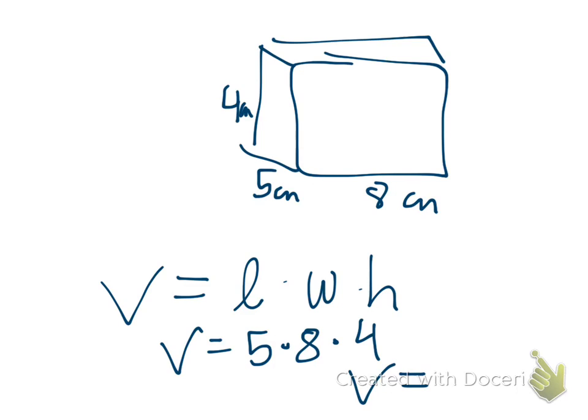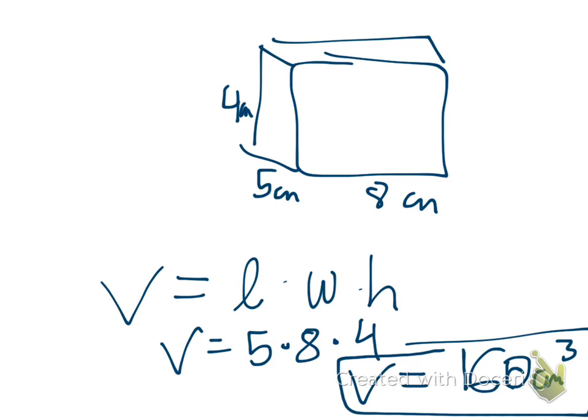My volume equals 160 centimeters cubed. Centimeters times centimeters times centimeters is cubed. We have 3 centimeters we're multiplying by each other.